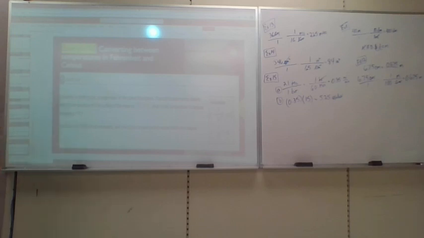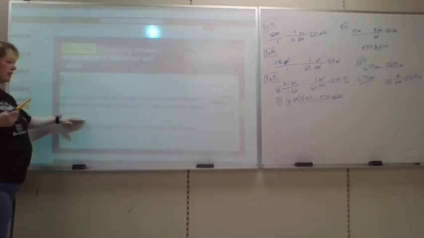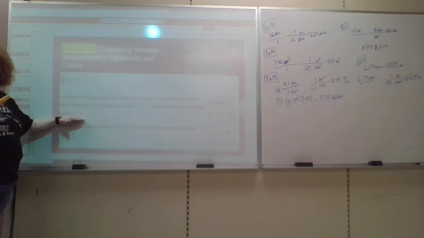The ship's sensor array detects that the temperature on the surface is negative 13.2 Celsius. What is the temperature in Fahrenheit? We need to use the formula. If we're looking for Fahrenheit, which formula are we going to use? The second one, right.